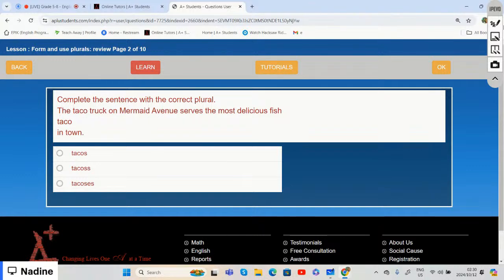All right, and the plural form of tacos, yes, we can say it is tacos, only with one S, right? Only with one S. Well done.